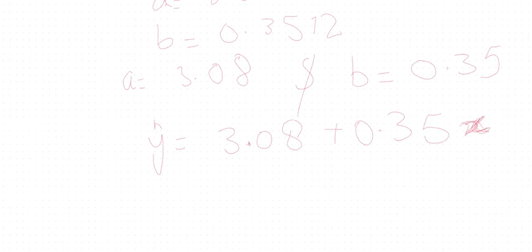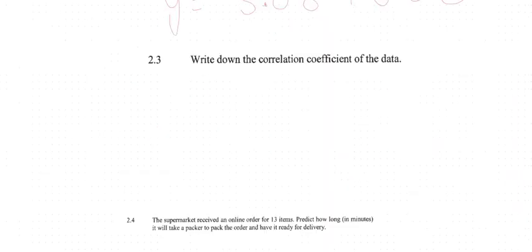So the next question we have is 2.3. Write down the correlation coefficient of the data. So how can we write the correlation coefficient?